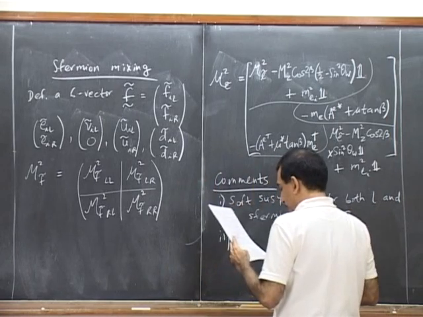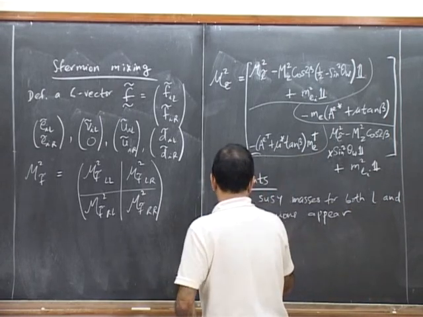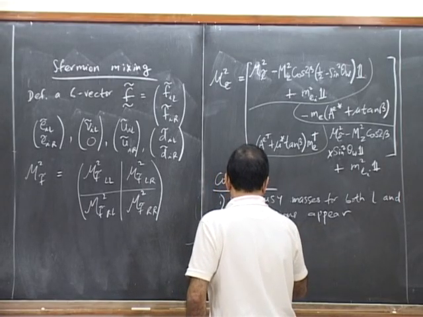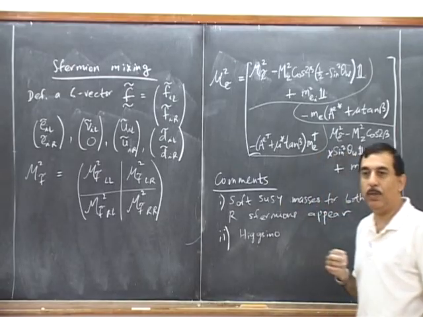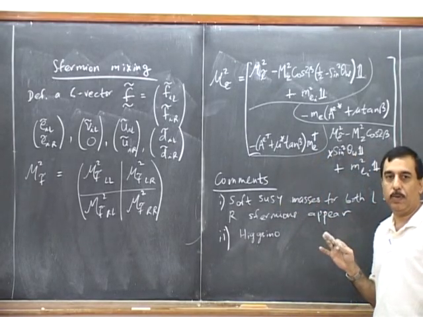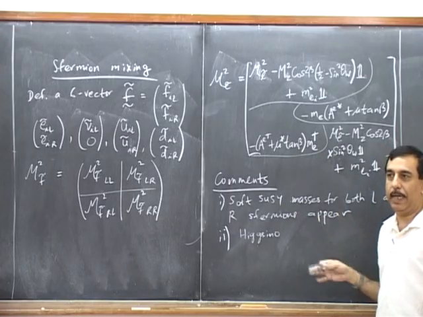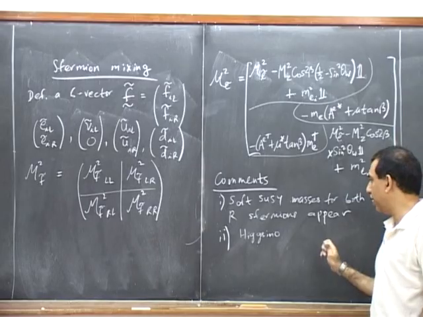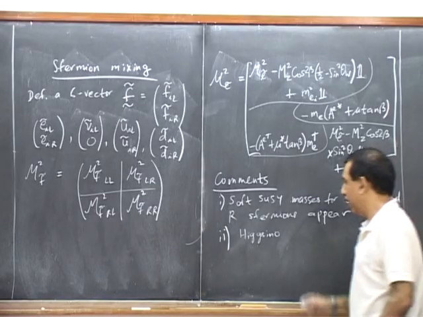Second comment is that the Higgsino mass parameter, remember that the Higgses got their mass from this coupling mu H1.H2, because there wasn't any coupling we could write which would give a mass directly like H1 squared or H2 squared, because of holomorphy of the superpotential and the charge assignments to H1 and H2.